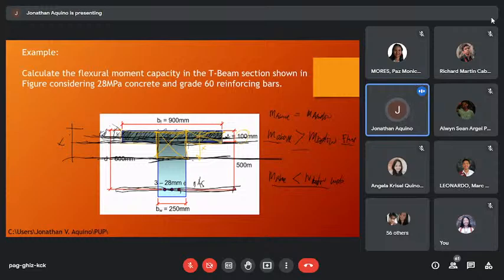By quadratic equation, you now solve for your x. But if it falls within the flange, it is like you are just dissecting a rectangular section.